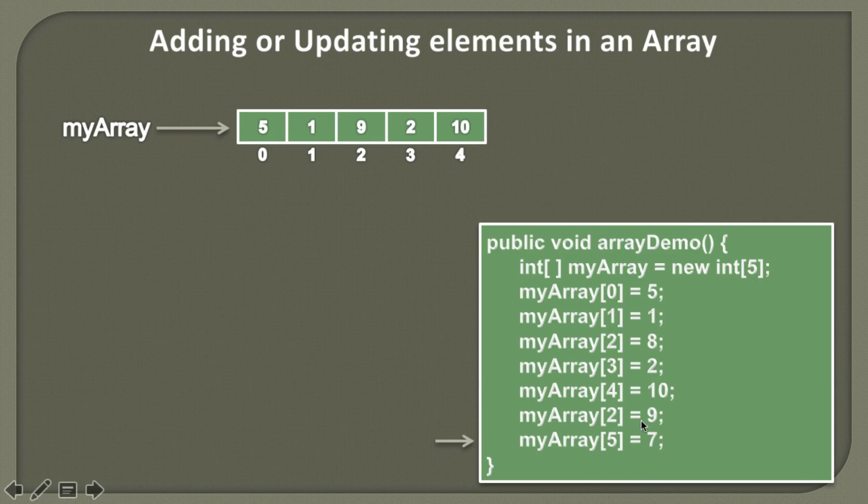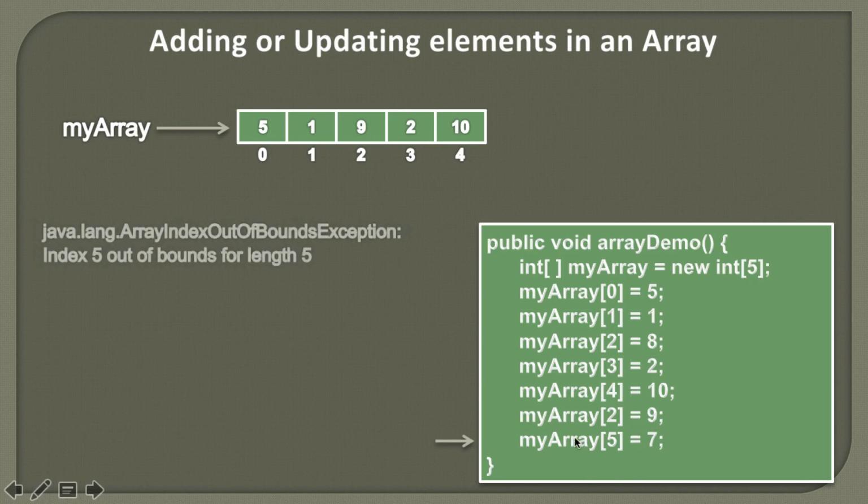and if we try to assign a value 7 to it, once this line gets executed at runtime, you will get an exception in Java which says ArrayIndexOutOfBoundsException, and it also gives a message saying index 5 out of bounds for length 5, which means that the length of this array, which is the size, is 5, and index 5 is out of bounds because in an array the index starts from 0, so the last index would be the length minus 1, which is 4.